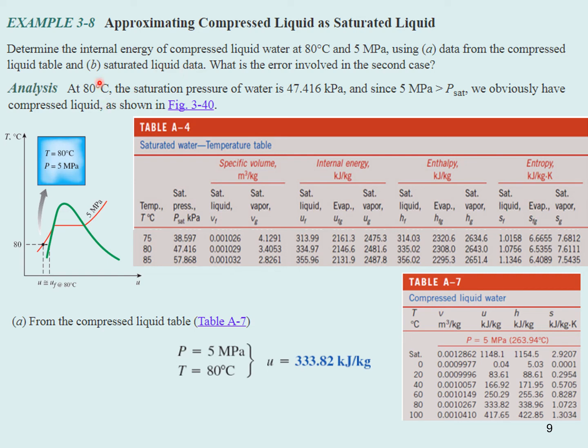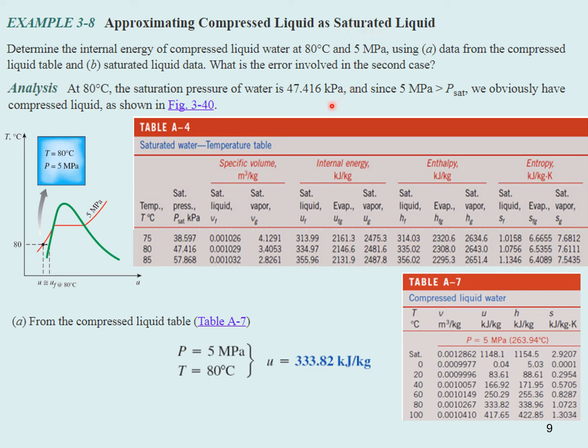So first of all, even though this problem says it's a compressed liquid, we need to actually go in and check. We're going to look in table A4 because we're in the SI system, and we're given the temperature. We look in table A4 for the saturation pressure, and it's 47.416 kilopascals. So if we're at 5 million pascals, we're way beyond the saturation pressure.